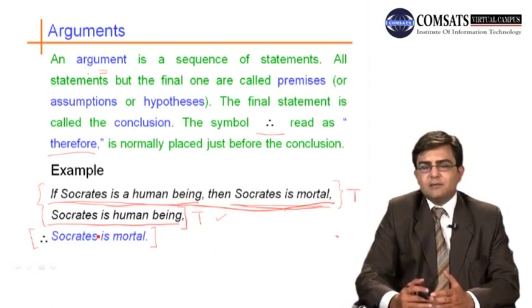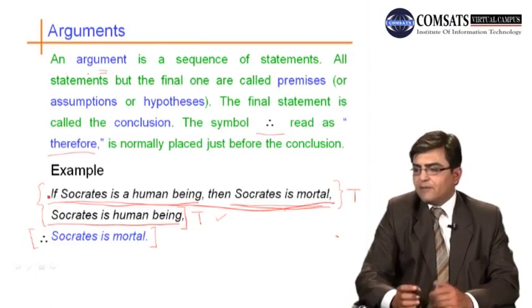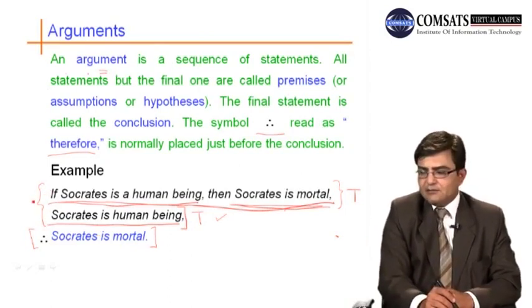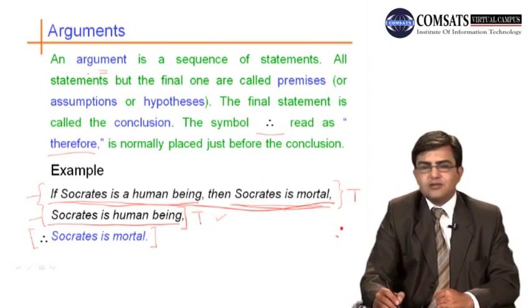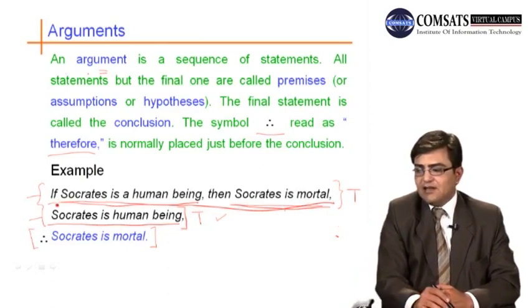So in general, an argument is a set of statements called premises, and on the basis of these premises we draw a conclusion. One more thing, once again: all premises, the first premise and the second premise, are considered to be true as a whole, no matter what the individual statements mean. In these premises there are two statements, Socrates is a human being and Socrates is mortal.